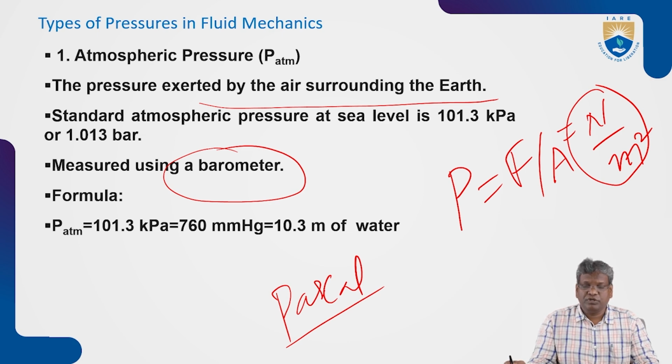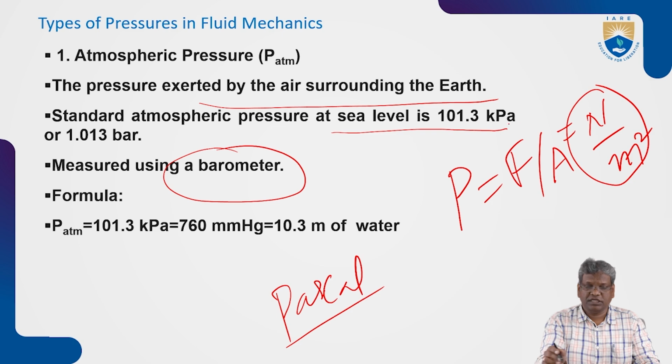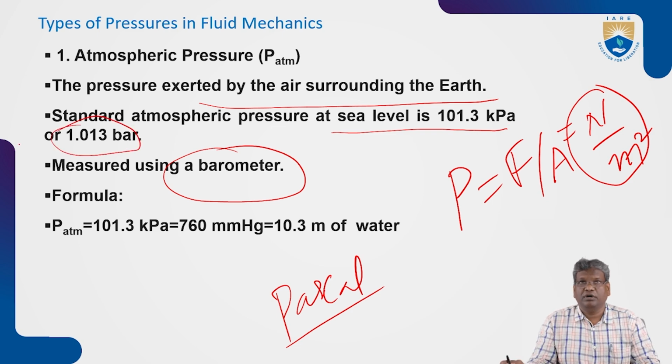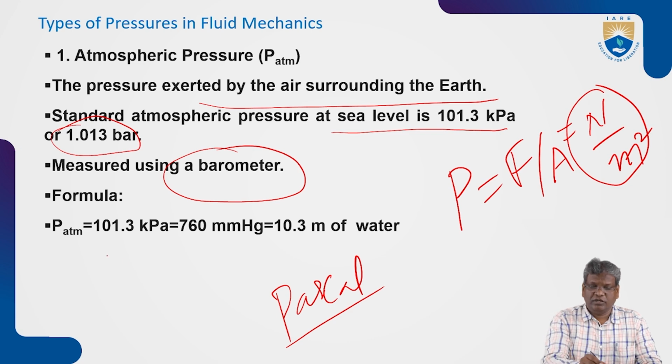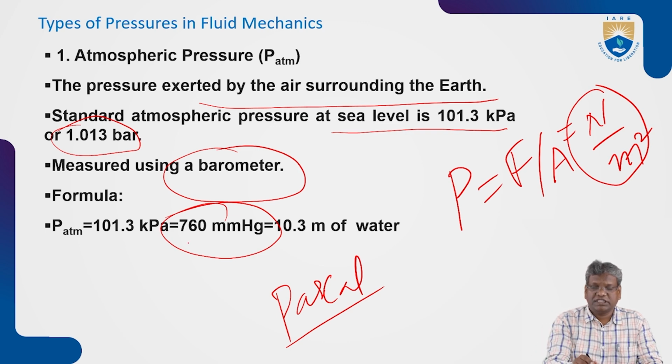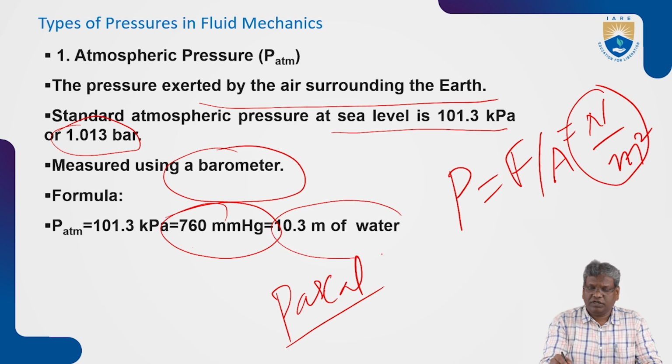Generally, atmospheric pressure can be measured with the help of a barometer. The standard atmospheric pressure at sea level is 101.3 kilopascals or 1.013 bars. In terms of mm of Hg, it is 760 mm of Hg, and in terms of water head, 10.3 meters of water.